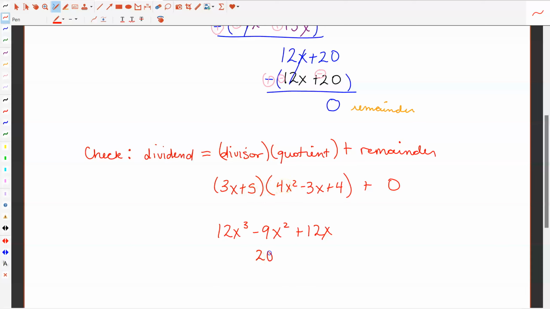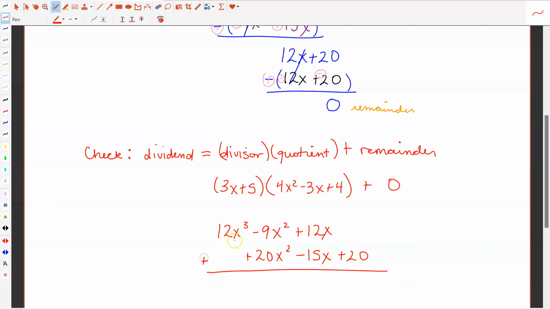I'm going to go ahead and record that underneath my other x squared term, kind of building a x squared column. Second distribution would be 5 times negative 3x, or minus 15x. Again, I'm going to record that underneath my x term that I already had. And then last distribution would be 5 times 4, or plus 20.